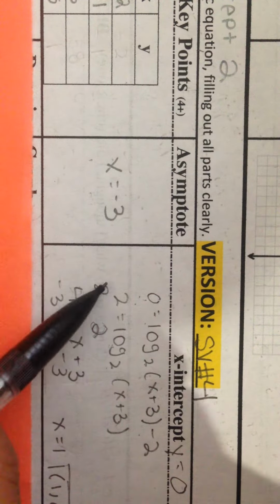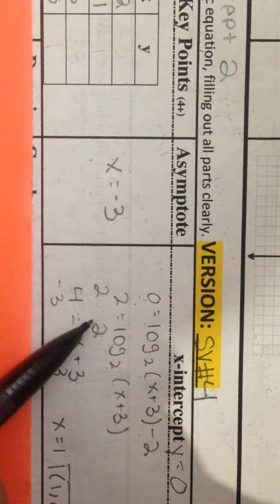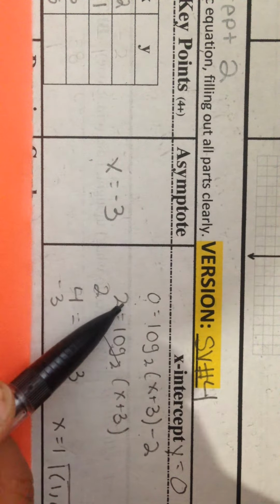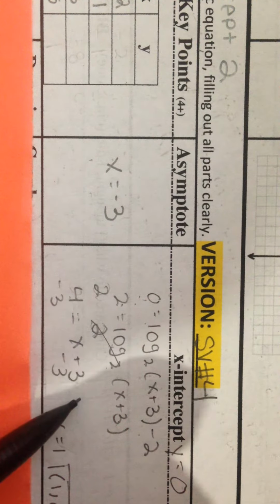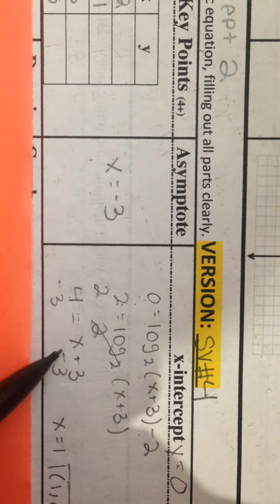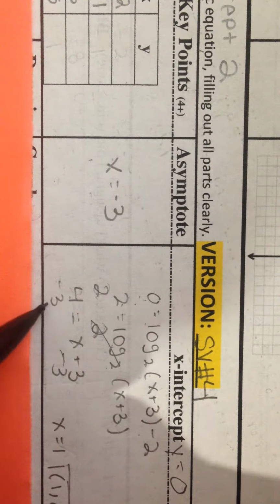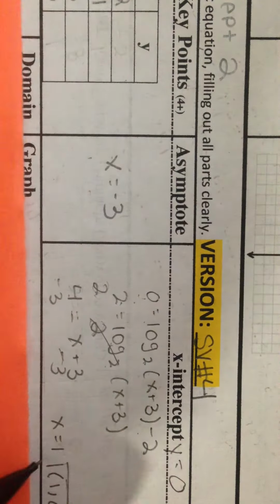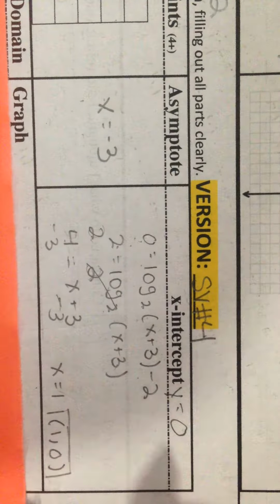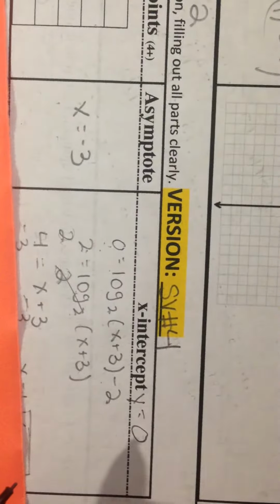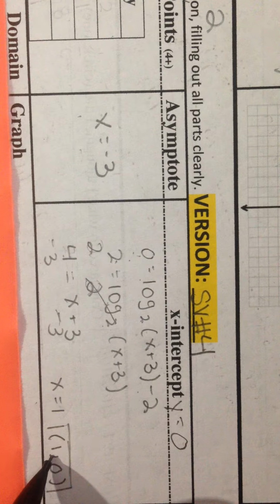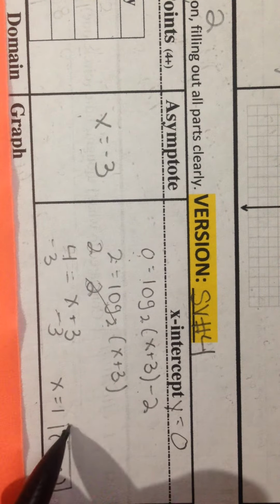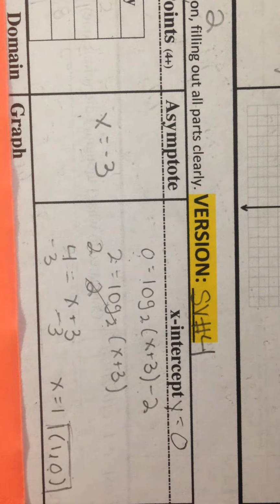So we add a 2 down here and a 2 down there. This cancels out, and this becomes 4. The 4 is down here, and then we just solve normally. We subtract 3 from the other side too, and then your x would equal 1. And we have to remember that for the x-intercept, it's an ordered pair. So it would be (1, 0), and that would be your x-intercept.